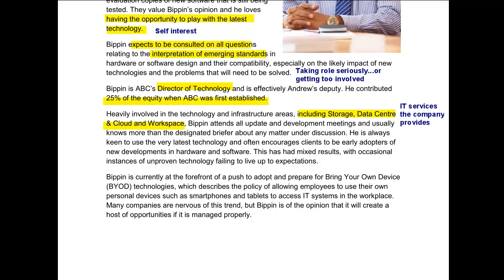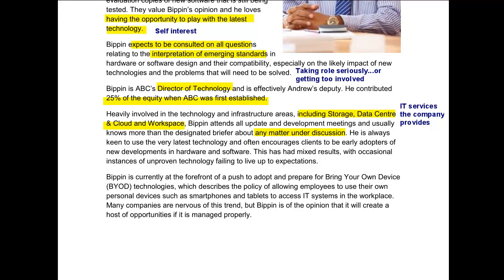And then again, it goes on to mention more things that he gets involved with that he perhaps shouldn't. So it says he attends all meetings, regardless of what is under discussion, any matter under discussion. So why does he do this?